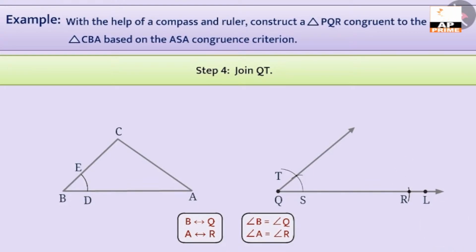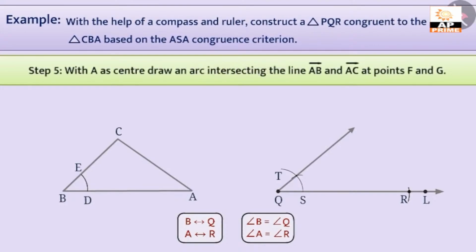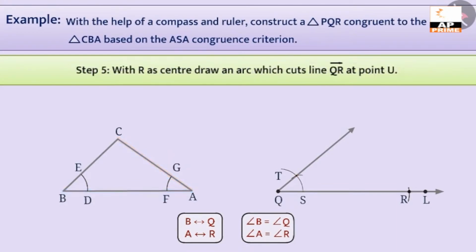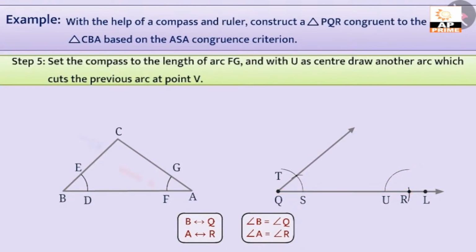Let's understand this. In step 5, to construct angle R with A as center, we will draw an arc intersecting the line AB and AC at points F and G. Using the same radius and with R as center, draw an arc which cuts line QR at point U. Set the compass to the length of arc FG.